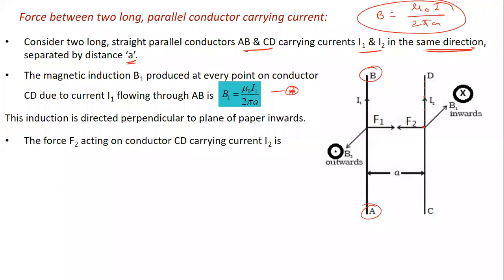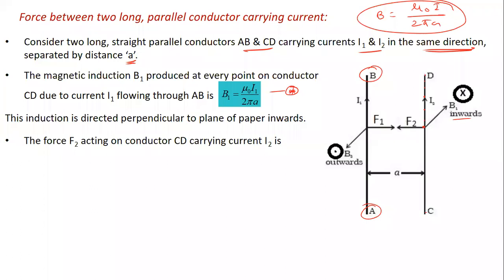This magnetic induction is directed perpendicular to the plane of the paper, and it is inward. So you can see the direction here. Due to this magnetic induction B1, some force is experienced by the current carrying conductor CD.